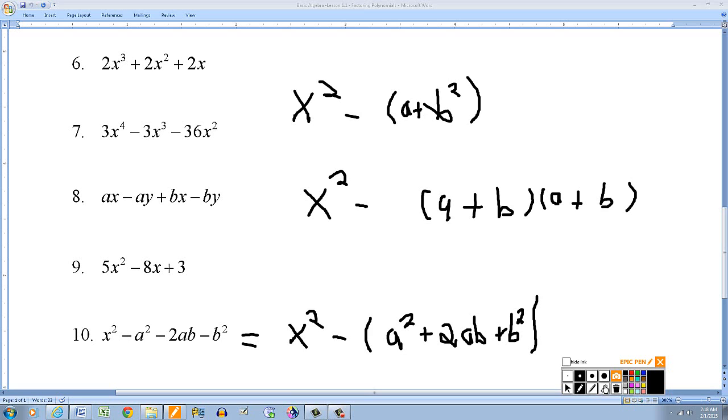So it's the difference of two squares, and the square roots are x and a plus b. So this is going to factor into the difference and the sum of the square roots. So this is going to be (x minus (a plus b)) and (x plus (a plus b)).